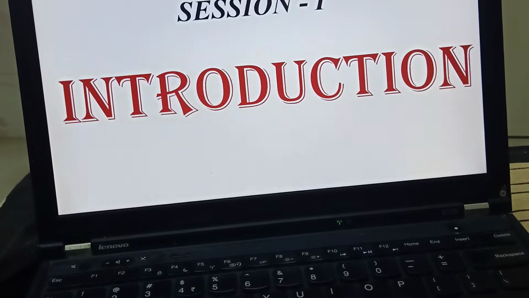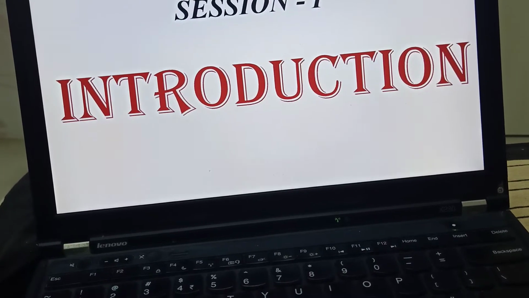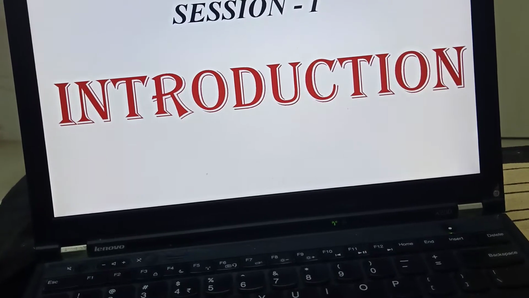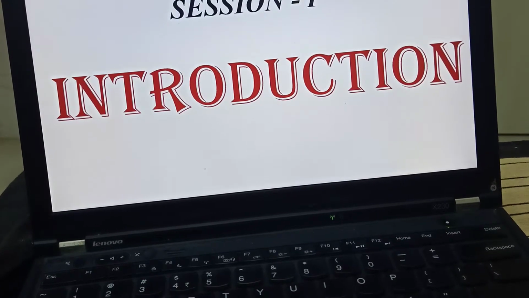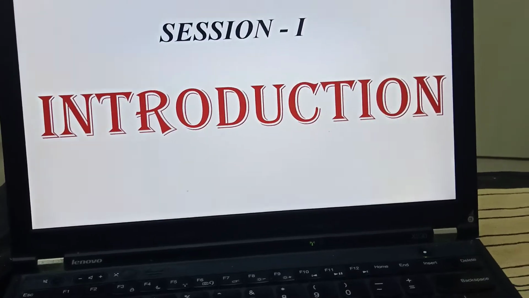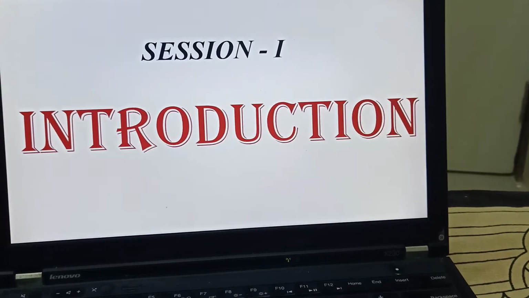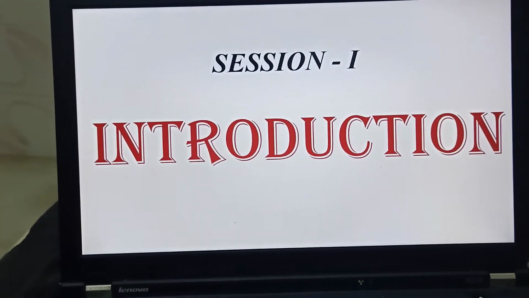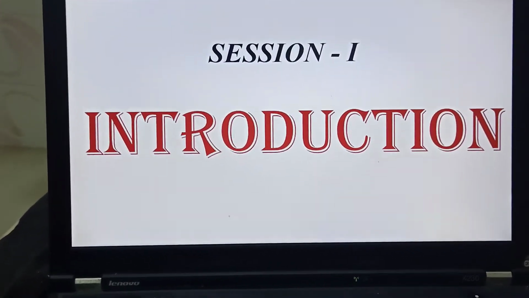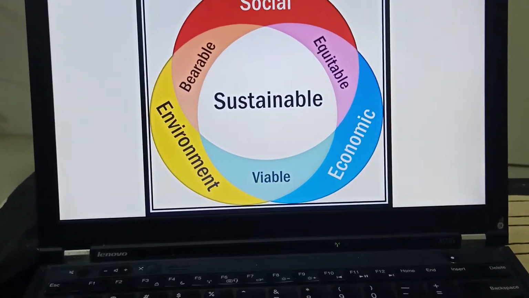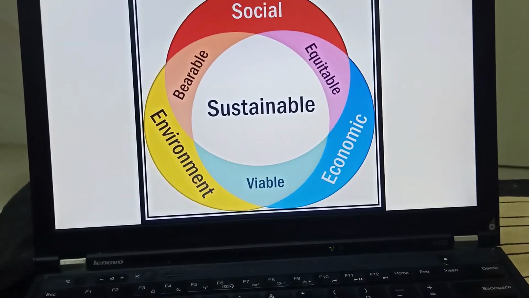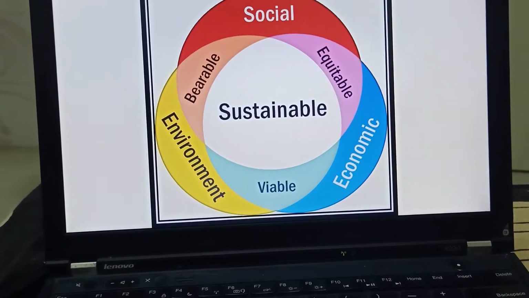Sustainable development helps in planning of utilization of these resources in such a way that even the future generations get to utilize these resources. Let us now understand what the three aims of sustainable development are. They are economic, environmental, and social. Let us study about each one of them in detail.